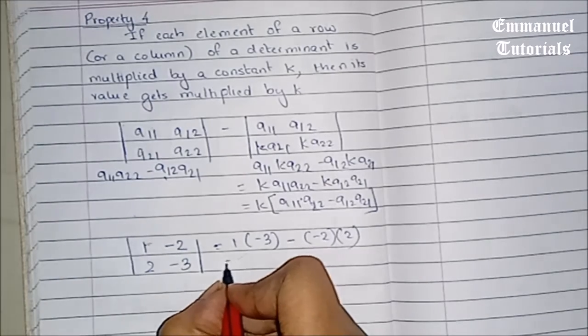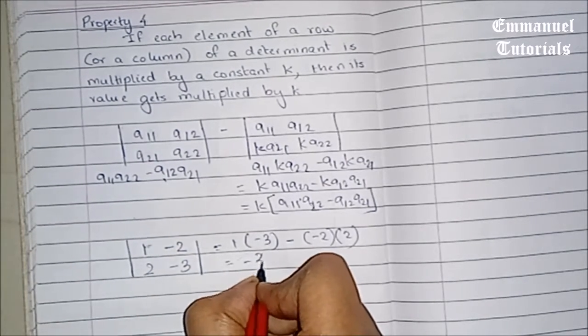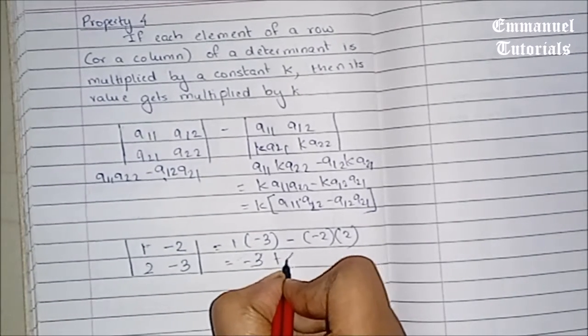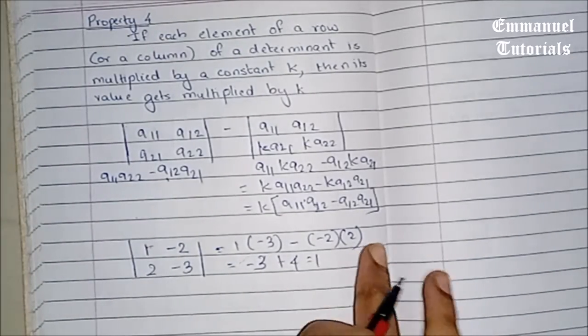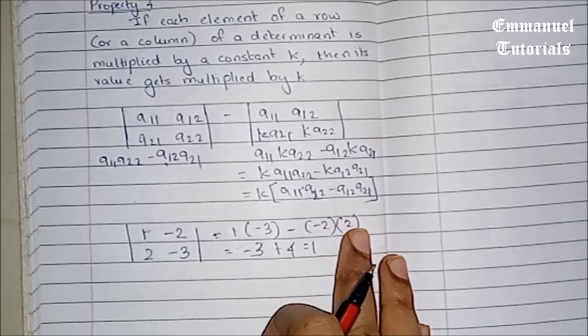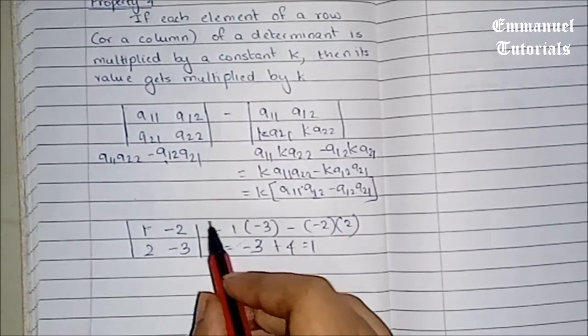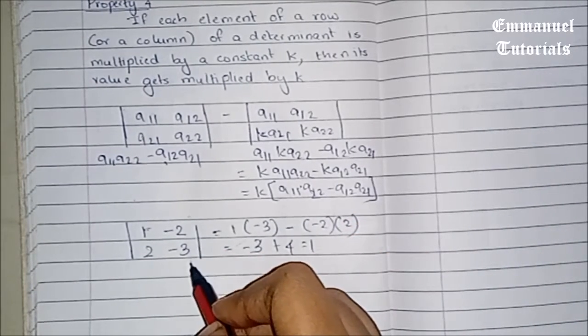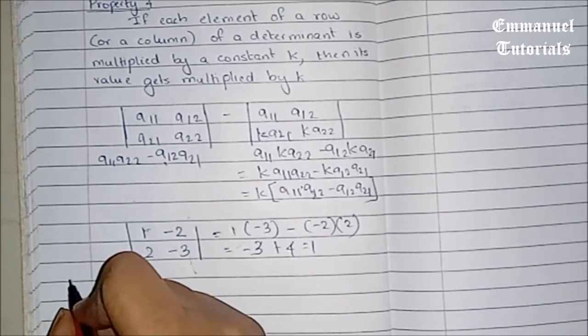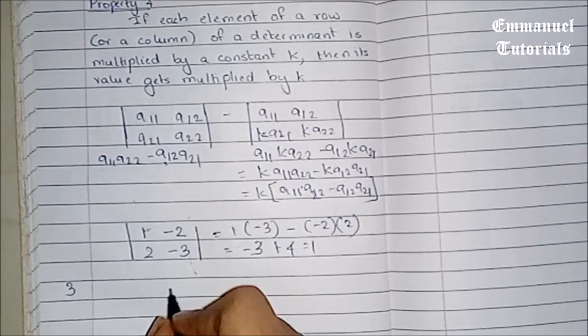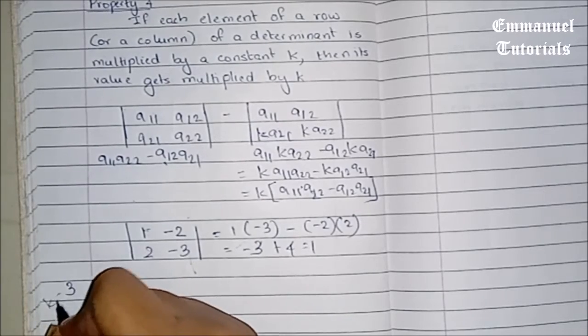So this is going to be equal to minus 3 plus 4, which is 1. Now we'll try to do this with a column instead of rows. We'll try to multiply this column by a constant of say 3. Our k is 3 in this example.